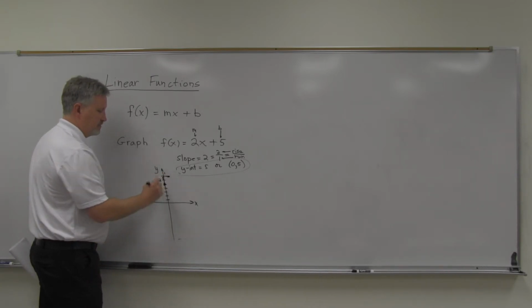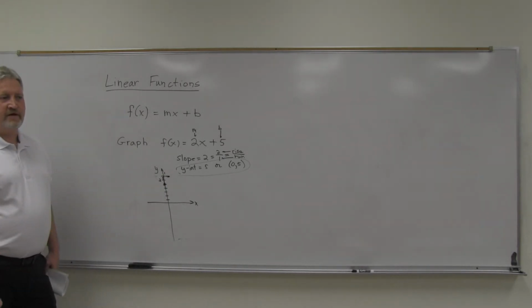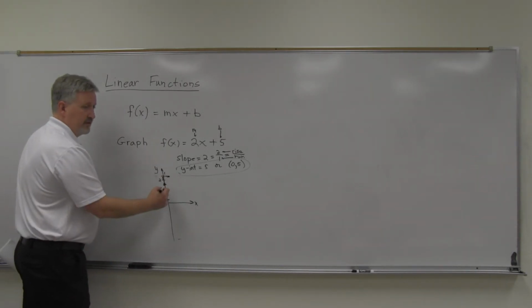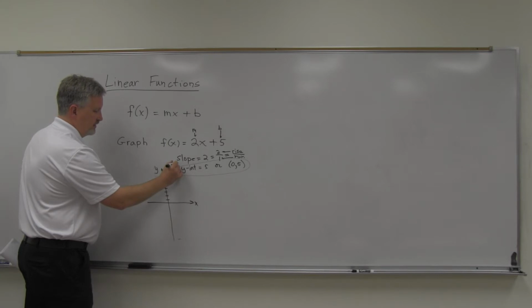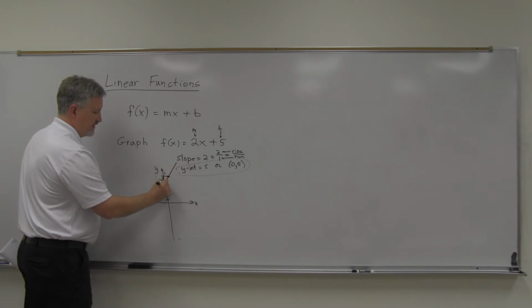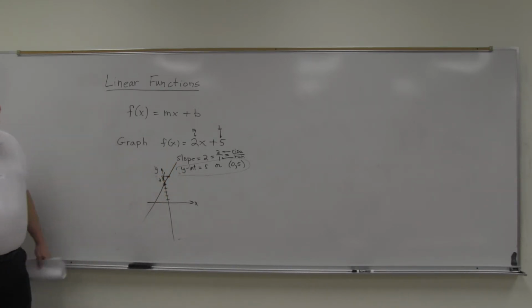Rise 2, run 1. That gives me another point, which gives me 2 points, which gives me the line. Easy enough. So it's fairly easy if you know how to do it that way. Like I said, you could do points, table, x and y intercepts, that's fine. This is just another way.